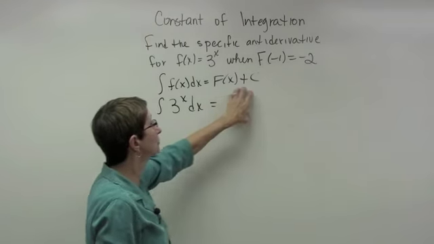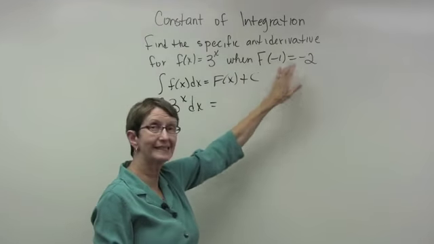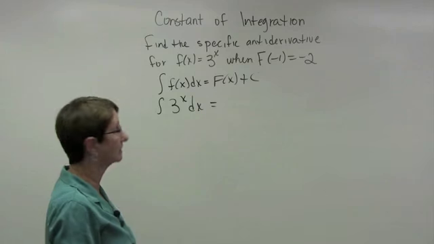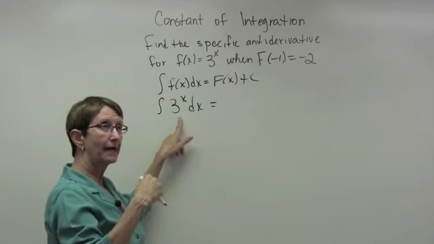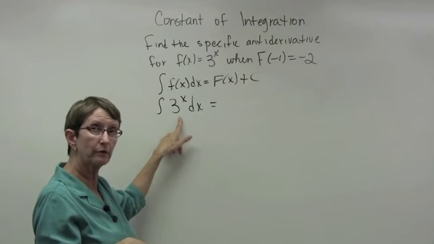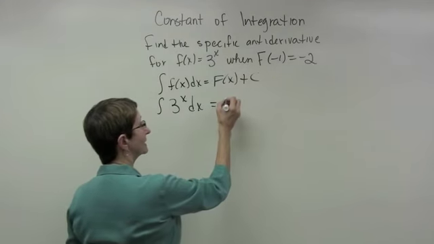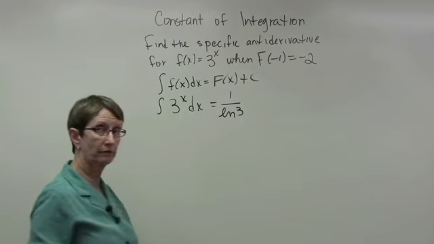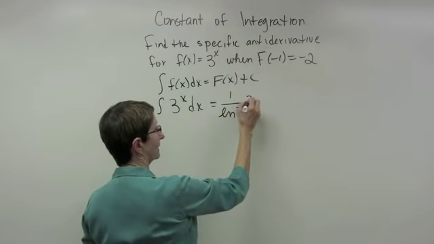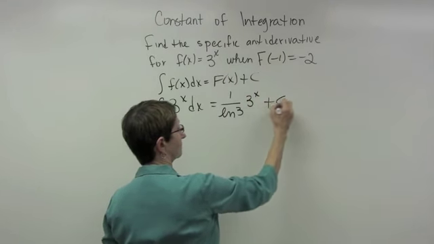And then we're going to put our plus c on there and use this as the initial condition to solve for c. This is the rule for a to the x, the exponential function that's just a general whatever the base is. The rule says take 1 over the natural log of the base, 1 over ln of 3, times the function, 3 to the x, plus c.